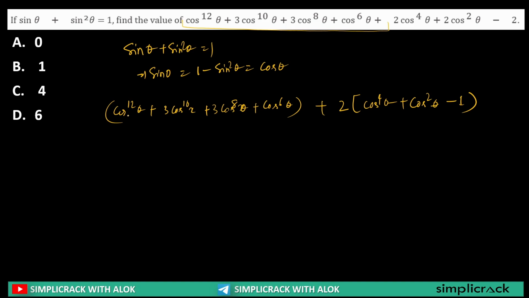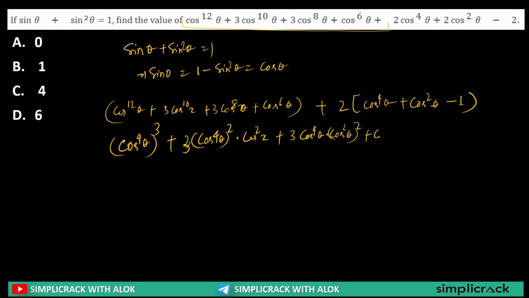Now, this thing can be written as cos 4 theta cube plus 3 into cos 4 theta square into cos square theta plus 3 into cos 4 theta into cos square theta square plus cos square theta cube.